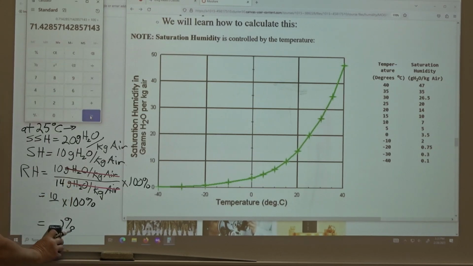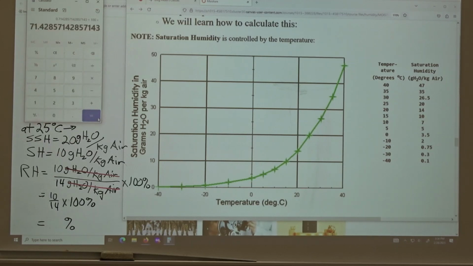And this will be 14. And that means we will have to recalculate our relative humidity. The relative humidity will now be 10 grams of water per kilogram of air divided by 14 grams of water per kilogram of air times 100.